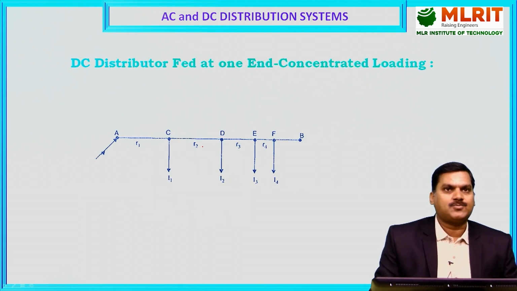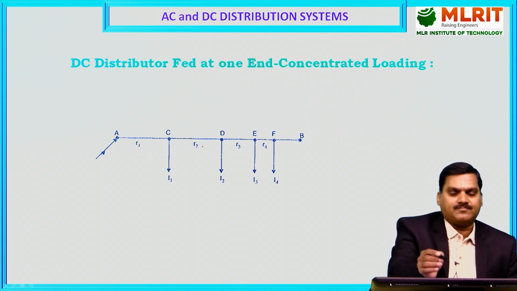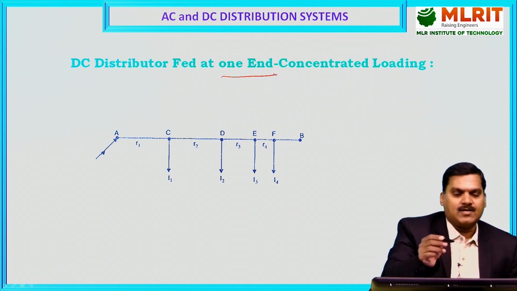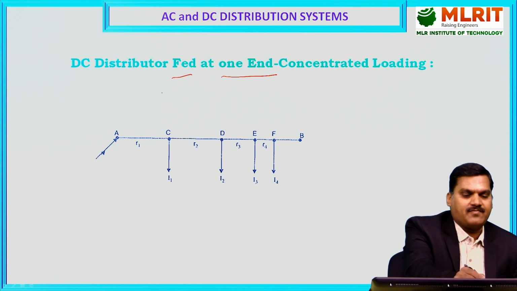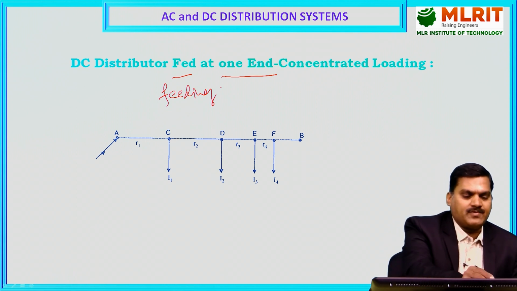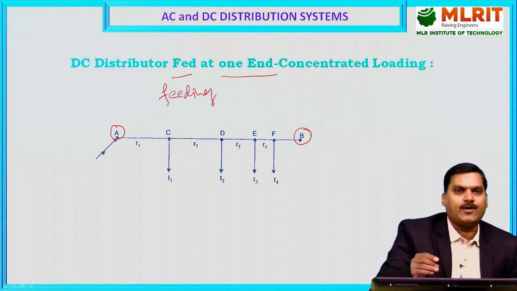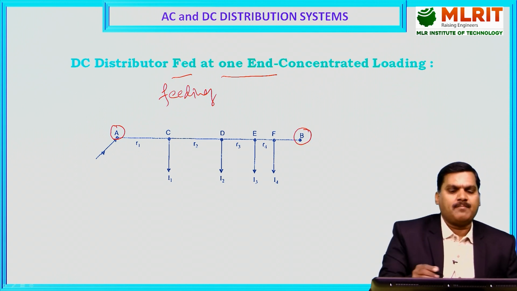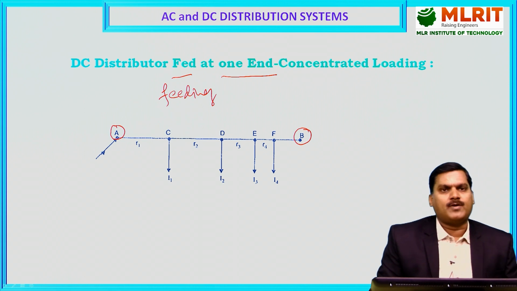We will see them one by one. First, a DC distributor fed at one end. Fed means feeding. The voltage is fed at one end, and we will discuss concentrated loading. If you say from A to B it is a DC distributor, it may be some kilometers long, 1, 2, or 3 kilometers.